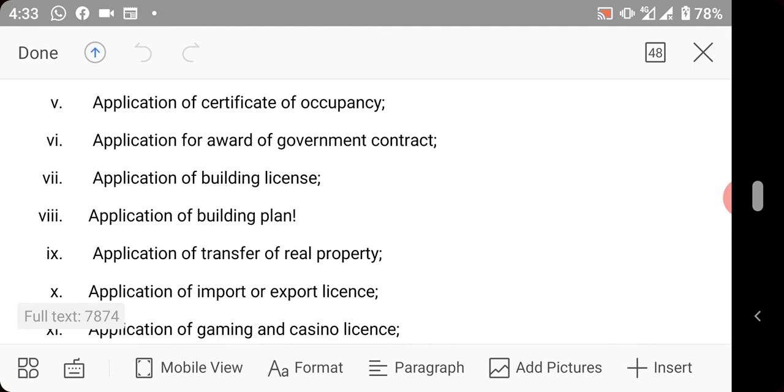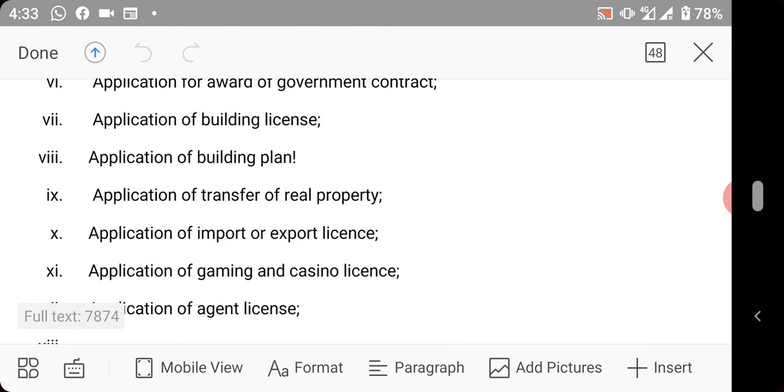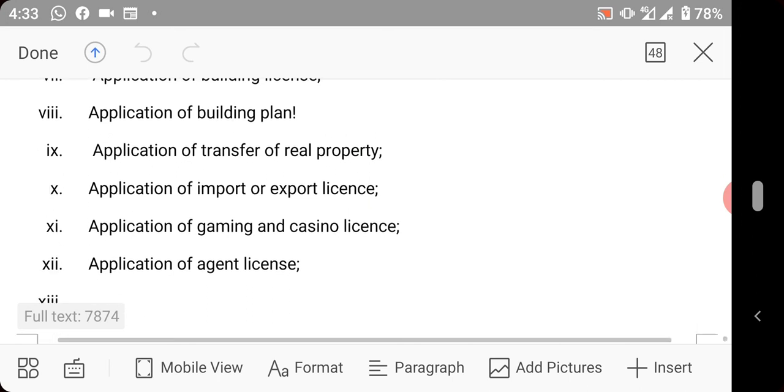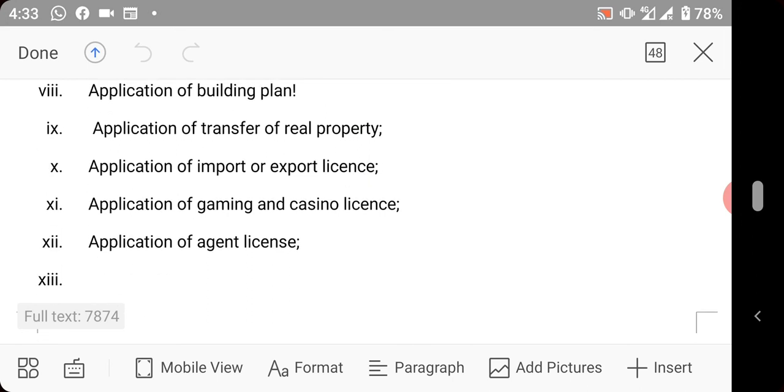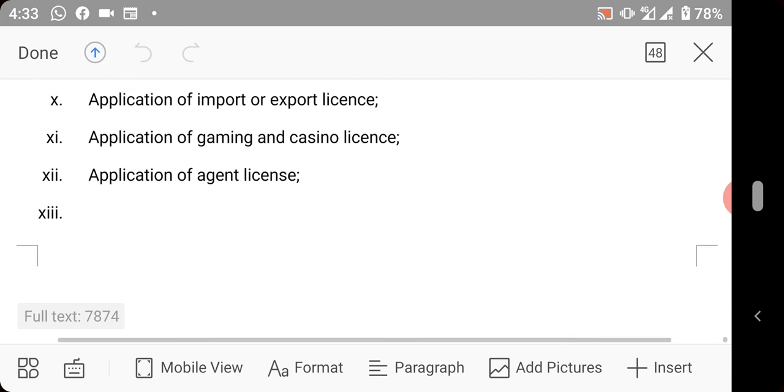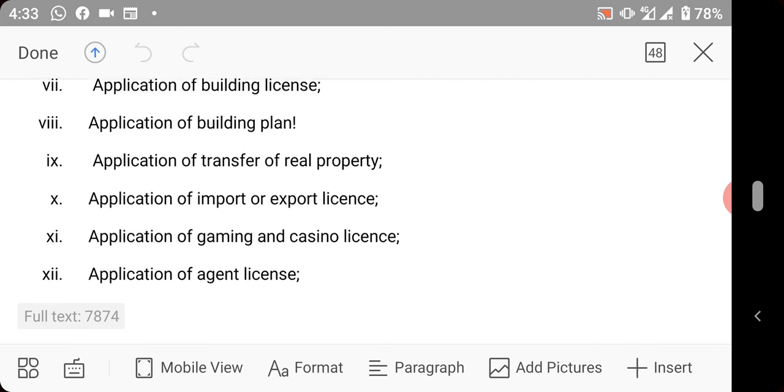Application for building licenses, you must have TCC. Application for building plan, you must also have TCC. Transfer of real properties, where, for example, your parents want to transfer real properties to you, you must have TCC. So these are everything about returns, assessment, and collection procedures that we've treated.